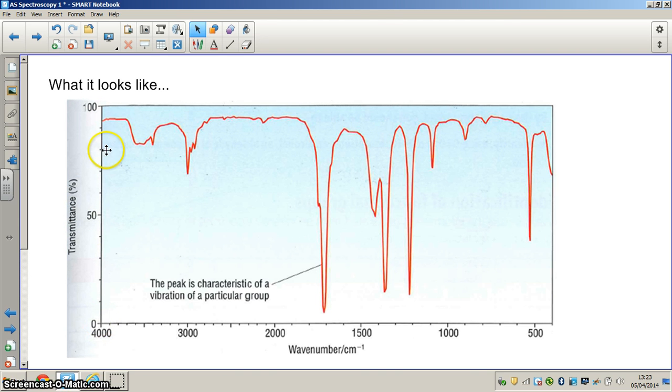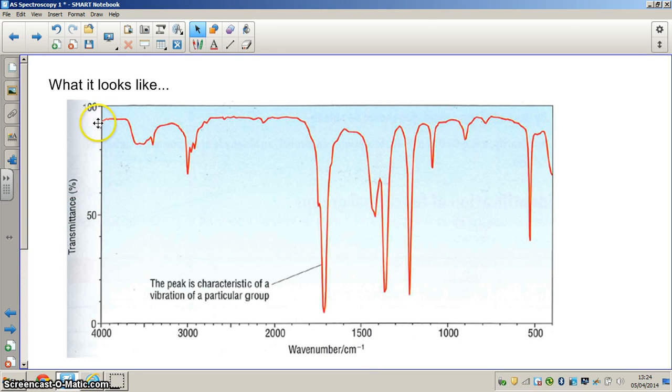And basically what happens is when you put your IR energy through the sample, it travels through, and we give it a range of frequency from the start of the IR spectrum range to the end of the IR spectrum range, and that is associated with the bottom scale, which is called wave number. And again, you don't really need to know about what wave number is, you just need to know that the bottom scale is wave number, and the vertical axis up the side is transmittance.